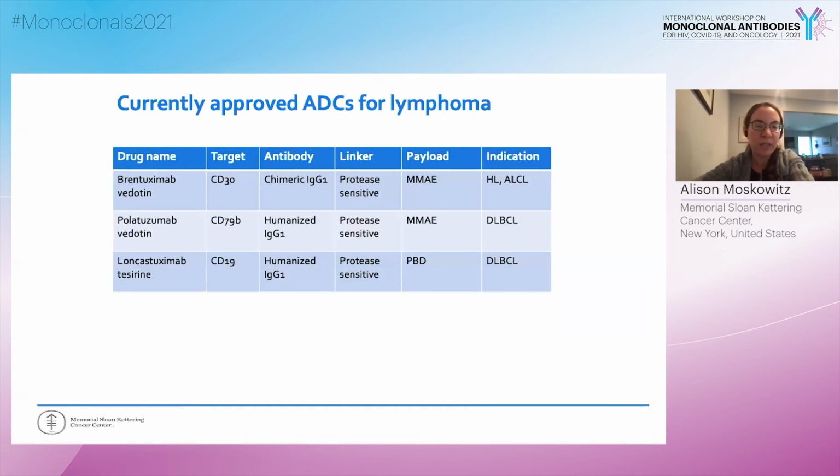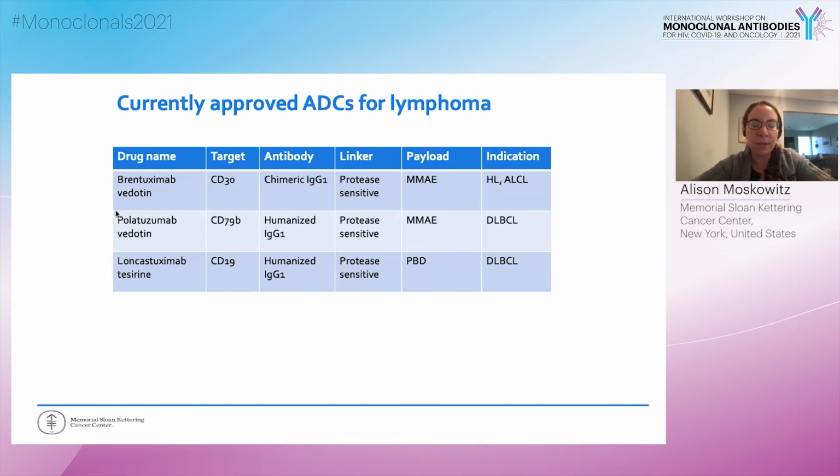So in addition to Brentuximab vedotin, there are two other antibody drug conjugates that are approved in lymphoma. One of them is Polatuzumab vedotin, which targets CD79B and is used in B-cell lymphoma, and then Loncastuximab, which targets CD19 and has a different toxin associated with it, which leads to breakage of DNA. Both of these have activity in diffuse large B-cell lymphoma.